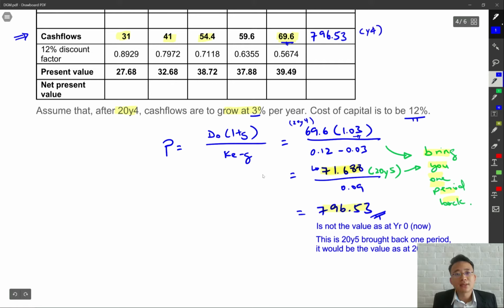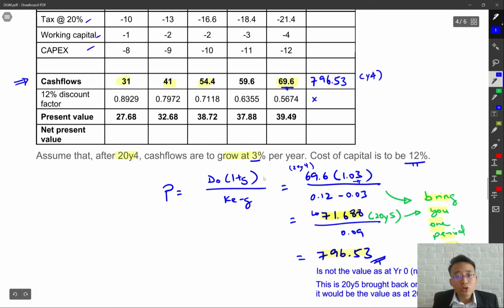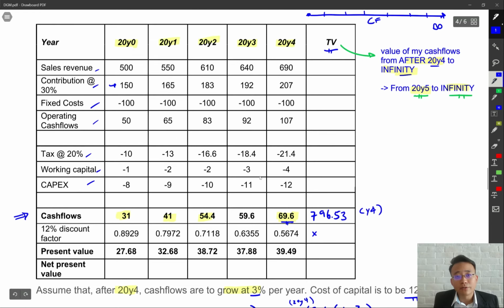In that case, I will then multiply by the discount factor. So what is the discount factor for 20Y4? You notice here, 20Y4 is at 0.5674. So any cash flow that is at 20Y4, if I want to bring it back to now, year 0, I will just multiply by this discount factor.